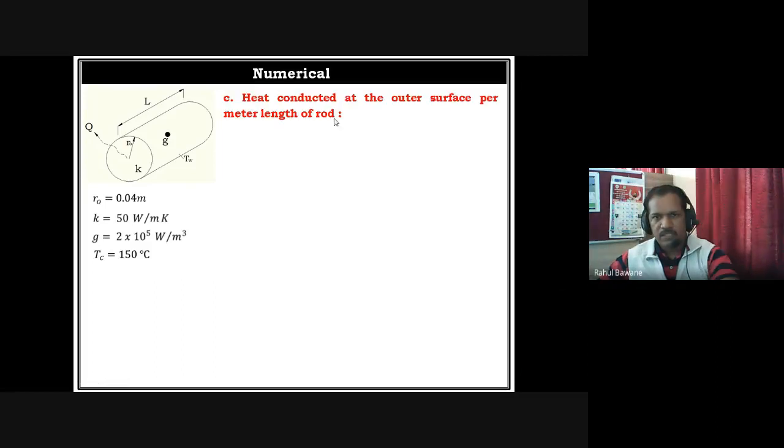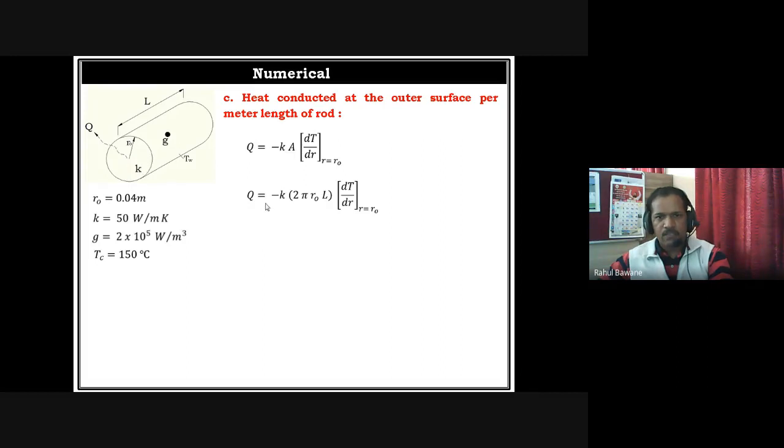Now the final question, that is the heat conducted at the outer surface per meter length of the rod. We know Fourier's equation: Q equals minus k A dT/dr, but they ask at the outer surface, so r equals r0. What is the area? The cross-sectional area in the radial direction will be the surface area.